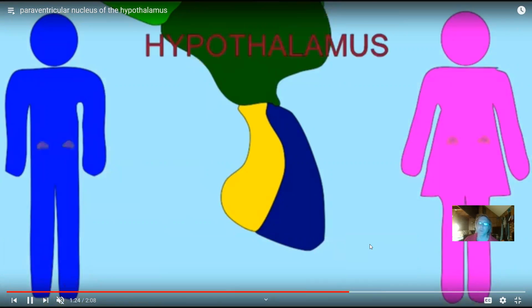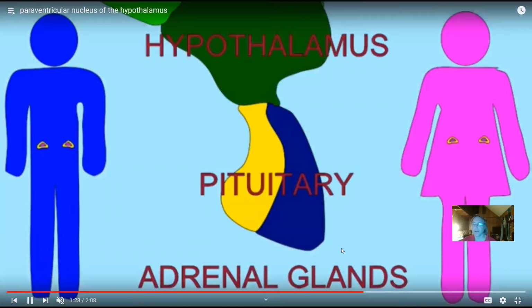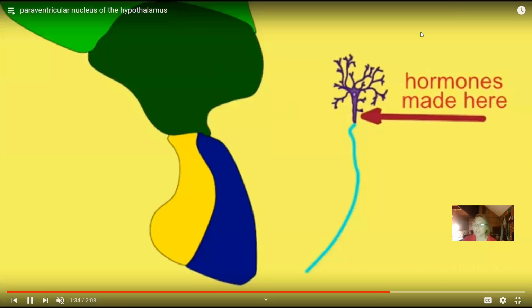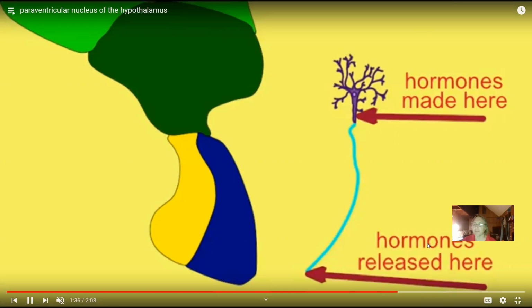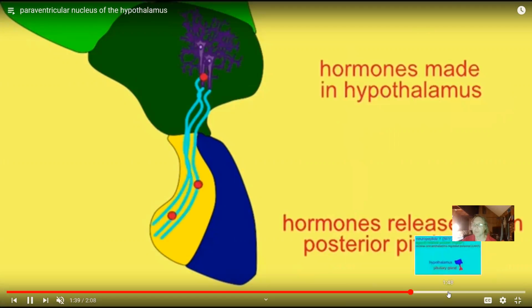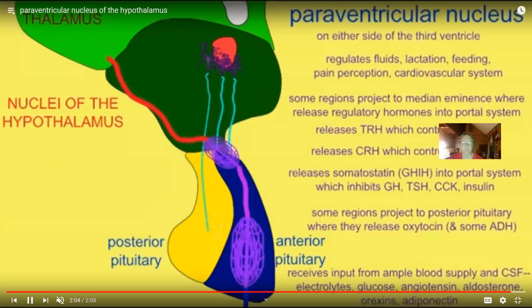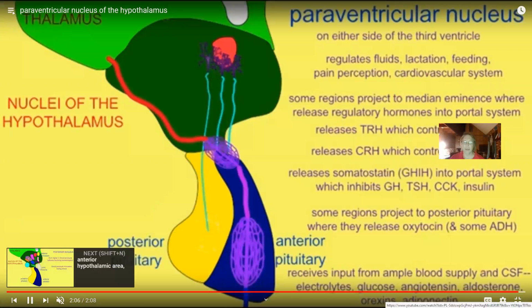So we often refer to what's called the HPA axis, the hypothalamus pituitary adrenal axis, where we regulate our stress response from the hypothalamus, causing hormones to be released from the pituitary, which then cause hormones to be released from the adrenal cortex.